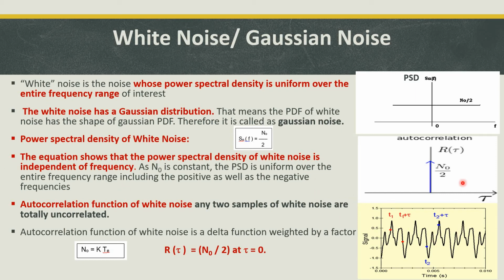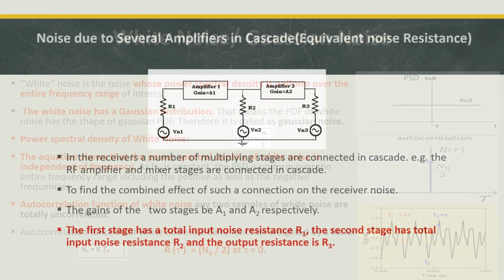That's why the autocorrelation function is represented here as N0 by 2 at time 0. At each time instant the nature of the signal is different. So R of tau is equal to N0 divided by 2 at tau equal to 0. This is the white noise autocorrelation.